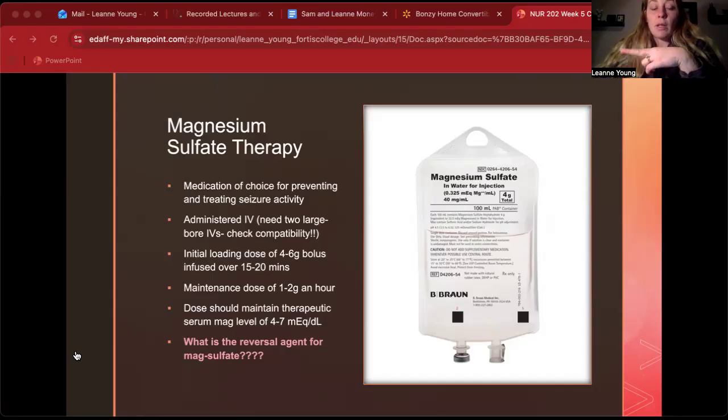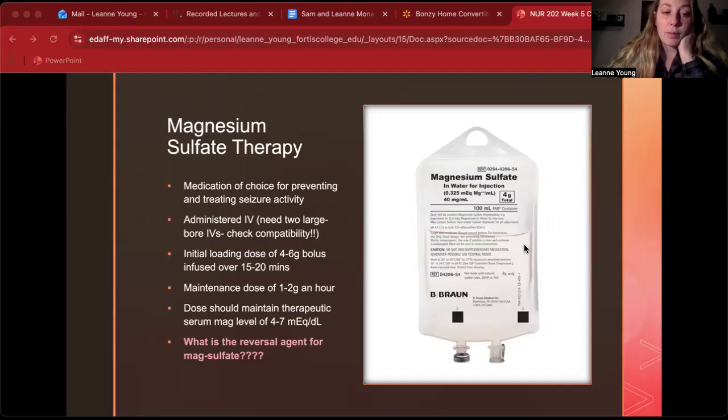Magnesium is administered with an initial loading dose of a 4 to 6 gram bolus, which is infused over 15 to 20 minutes. Okay. The entire time you're administering that IV bolus, a primary nurse has to be at the bedside with the patient. The maintenance dose after that initial bolus is reduced to about 1 to 2 grams an hour.